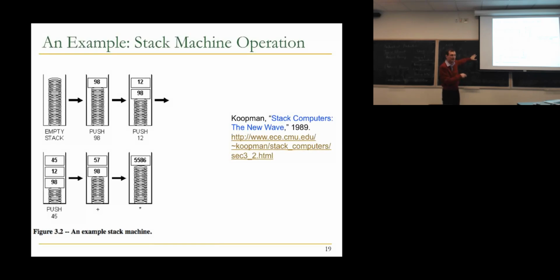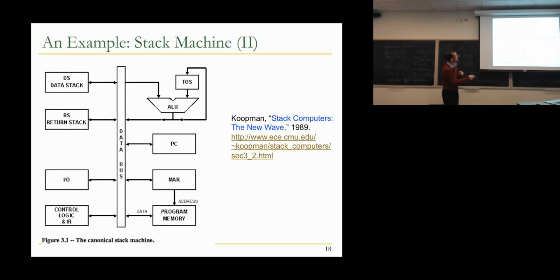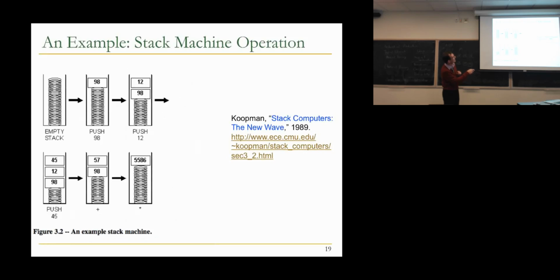You could just have the stack itself, but it's more general purpose if you have memory and load the stack with values from there. Then you push 12, which loads from memory to the top of the stack. These could be addresses, actually; you could make it more expressive. This is just an example. Then you push 45. This is what you get: these are the three values, and this is the top of stack.